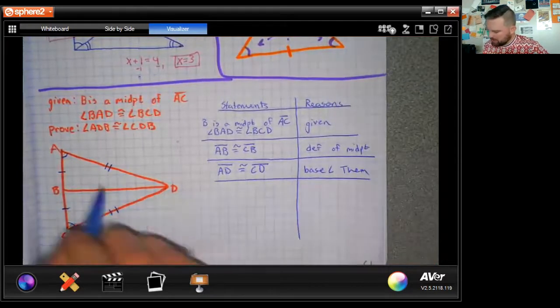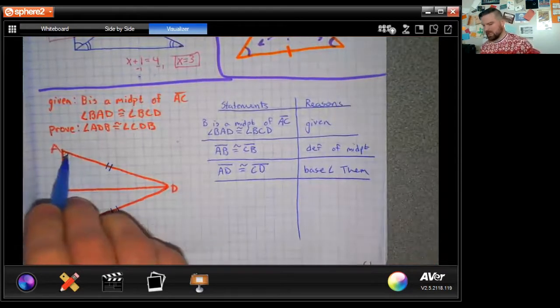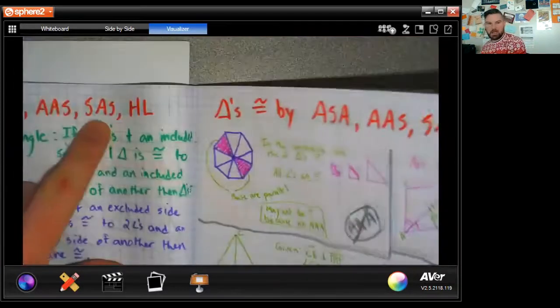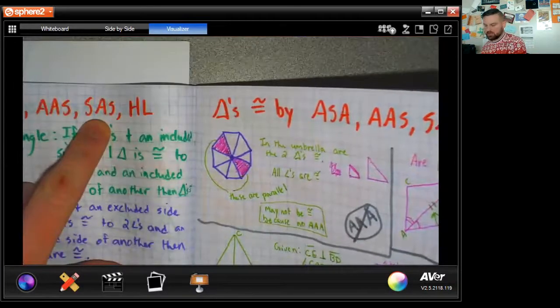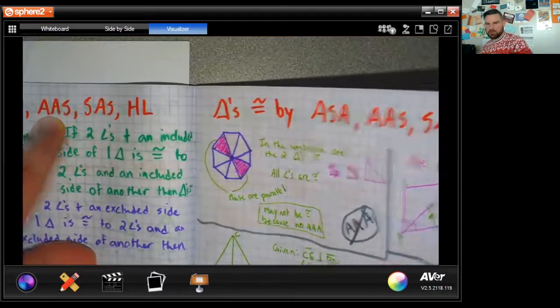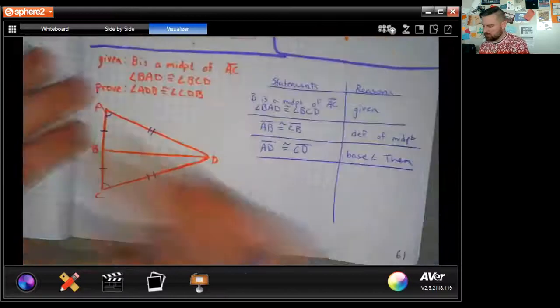Okay, and here I have SAS, which if you flip back, I have SAS, side, angle, side. See, this is angle, angle, side, not angle, side, side. So there's a difference there. You got to make sure that you can use them.